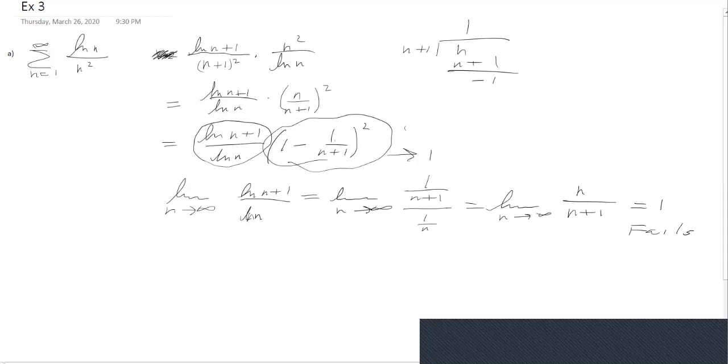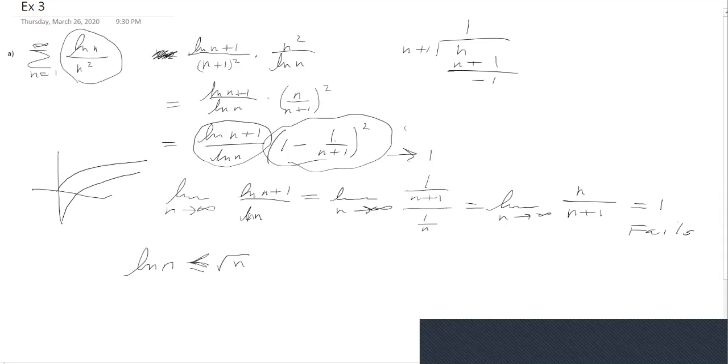So I would say I want to try something like this. Natural log of n is actually less than or equal to the square root of n. Now that itself, you'd have to establish if you weren't so sure. But if you look at the graph, you might have a hint. Here's natural log, here's square root.